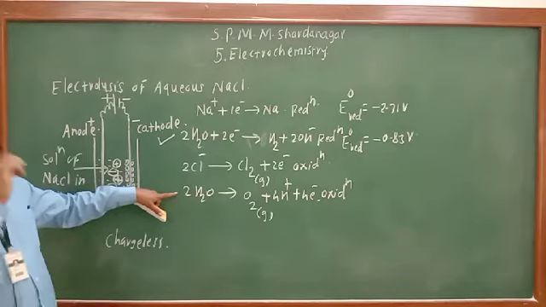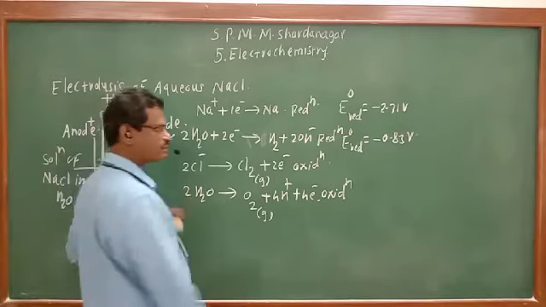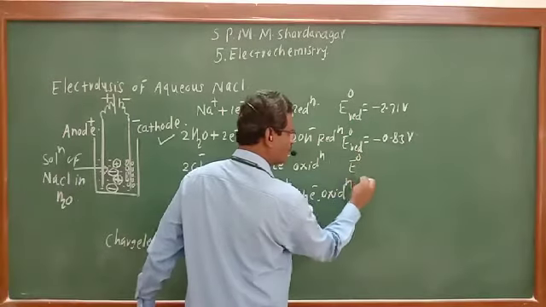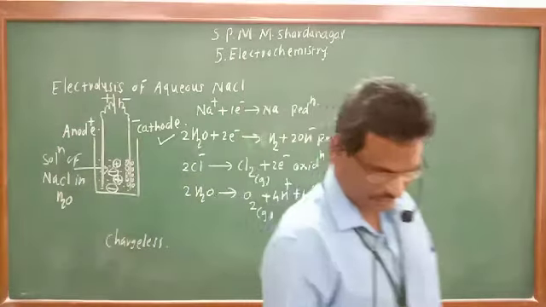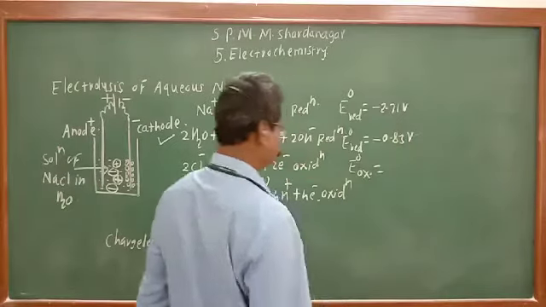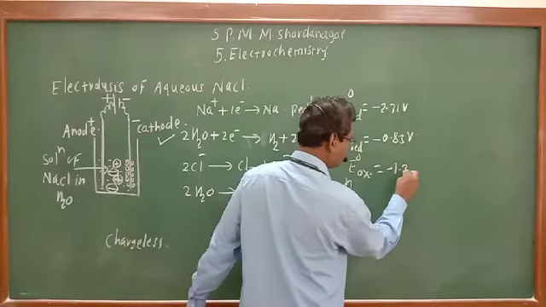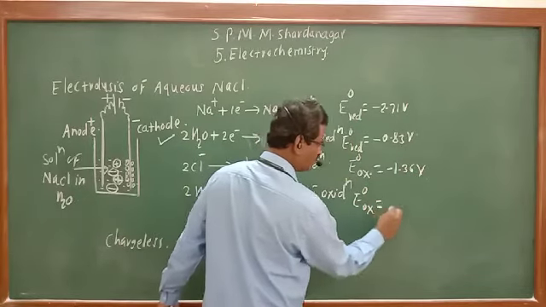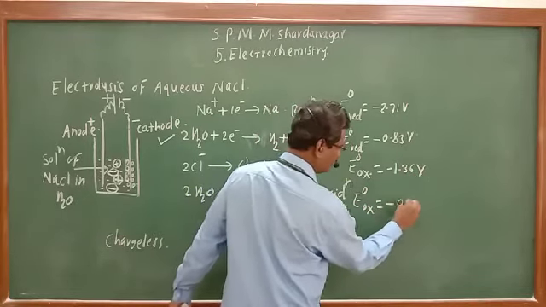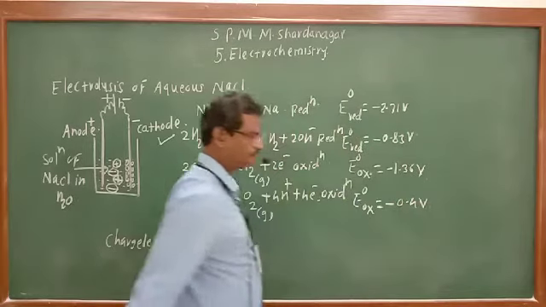Now see the potential values. Oxidation potential, E0 oxidation of chlorine, has a value of minus 1.36 volt, and E0 oxidation of water is minus 0.4 volt.